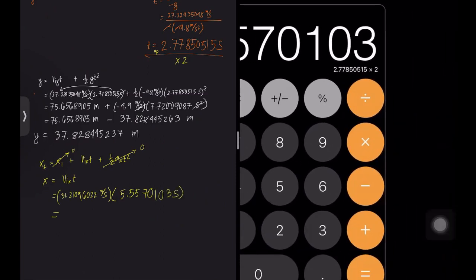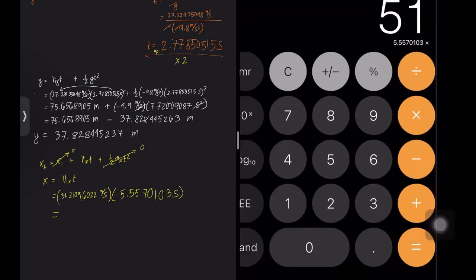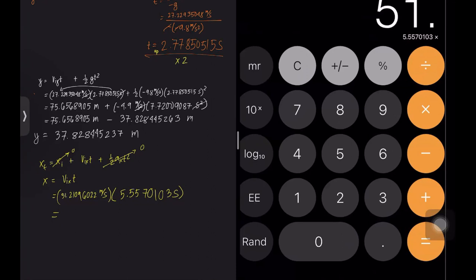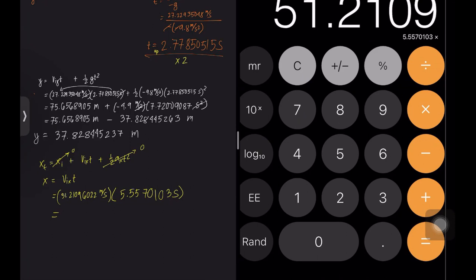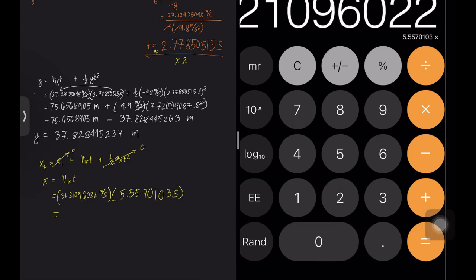So we simply multiply this by 51.21096022.